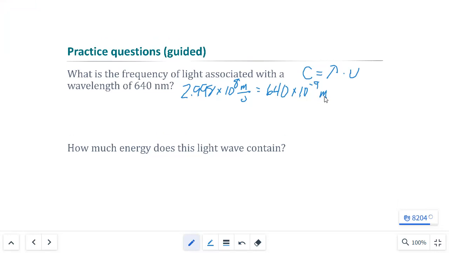Because every nanometer is 10 to the negative 9th meters. So we're just going to tack that on to our measurements. Now, when you put it in your calculator, it will autocorrect the improper scientific notation and put it in correct terms. It'll turn that into 6.4 times 10 to the negative 7th. It'll do that automatically for you. So the reason we do it this way is to save us a little bit of time and save us from an accidental calculation mistake.